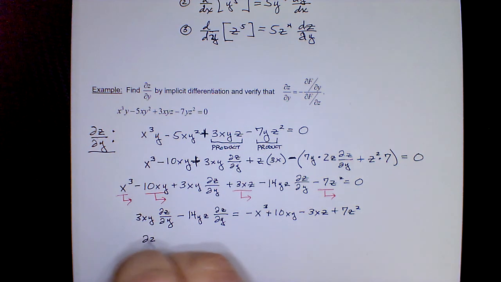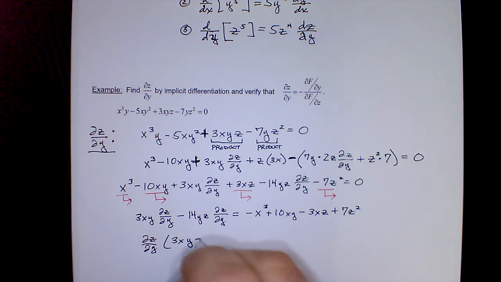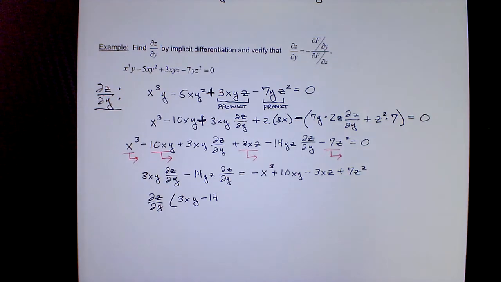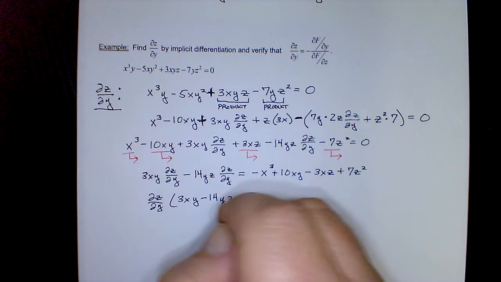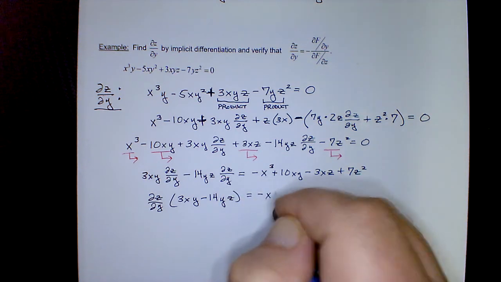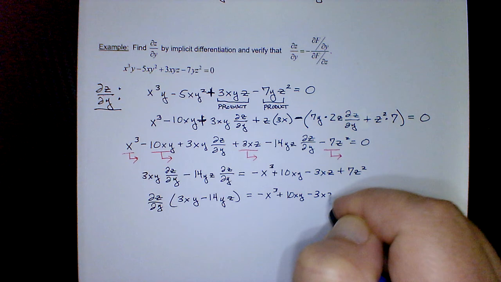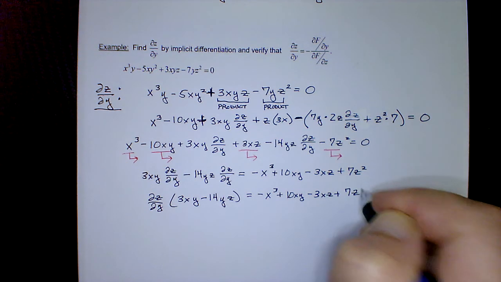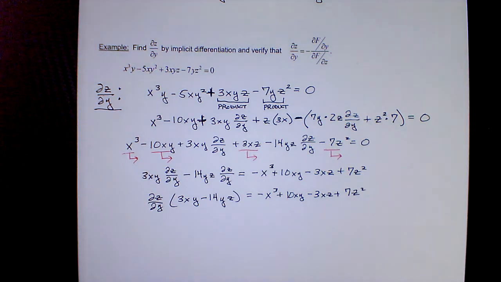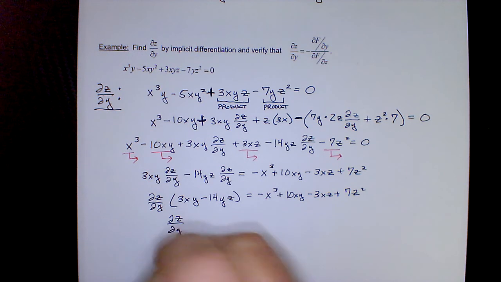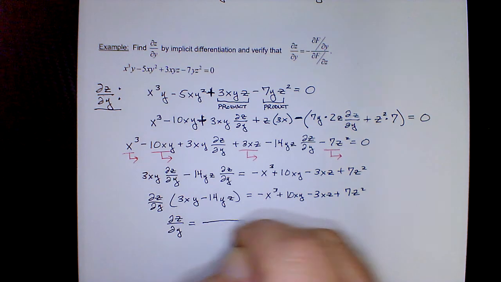And we'll factor out the partial z with respect to y. And we're left with that times the quantity 3xy minus 14yz equal to, just recopy the right hand side, and now to solve, just simply divide both sides by what's in parentheses on the left.